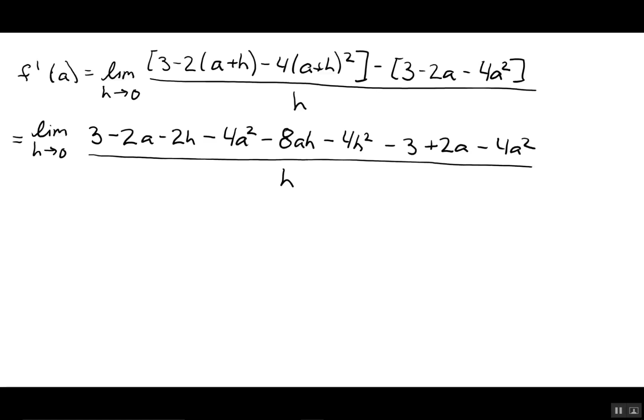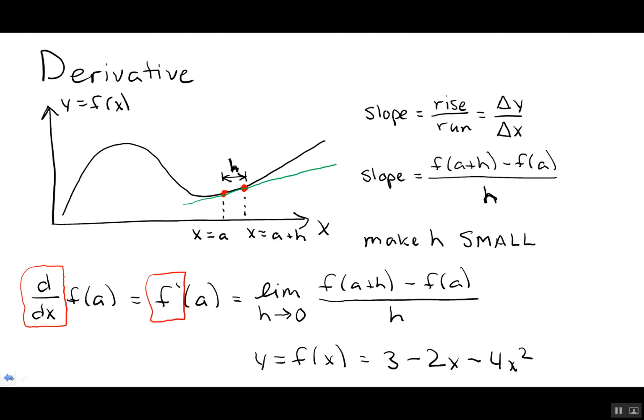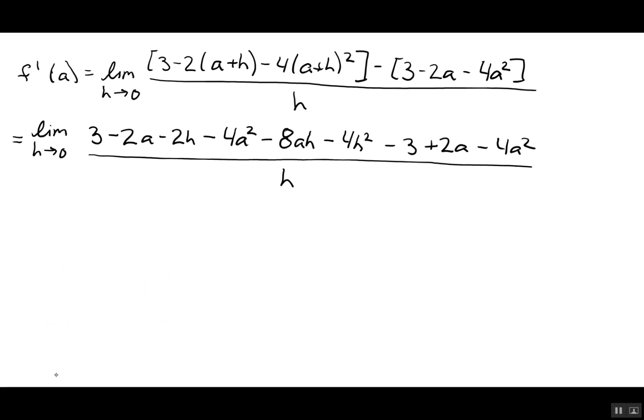If I take this expression and expand it out, I get a big, long, messy thing that looks like this. And now I see that there are actually a lot of terms in here that cancel. There's a positive 3, negative 3, which will cancel.